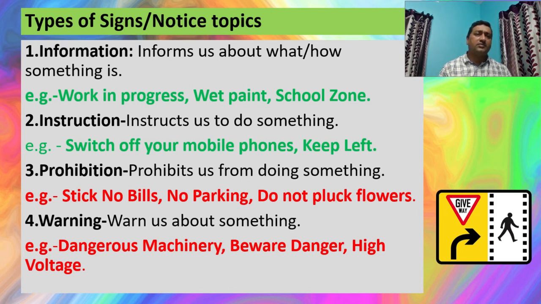Information means they give information to us. They inform us about what and how something is. For example, look at this: work in progress, wet paint, school zone. In all these, you come to know that there is some work going on in some place. That is the information. Wet paint, when you look at the wall that has just been painted, you cannot know that it has just been painted.